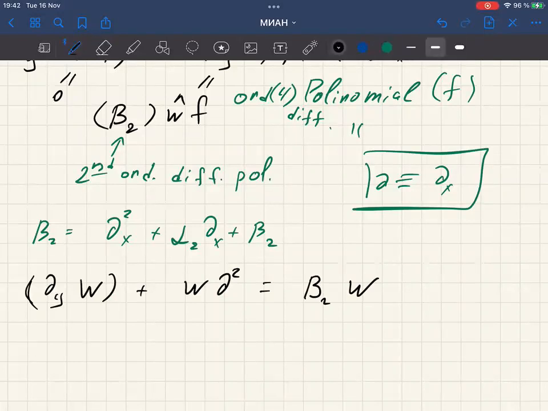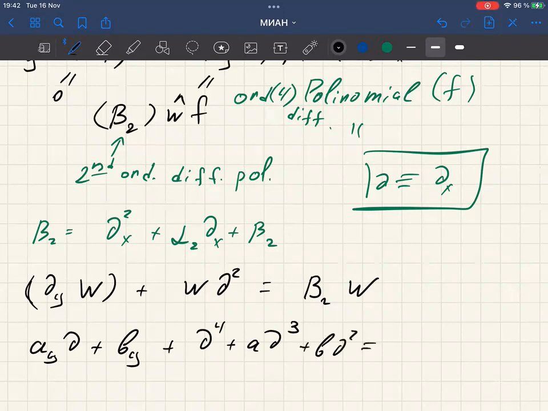Rewrite it as d fourth plus a d third plus b d square equals 0.